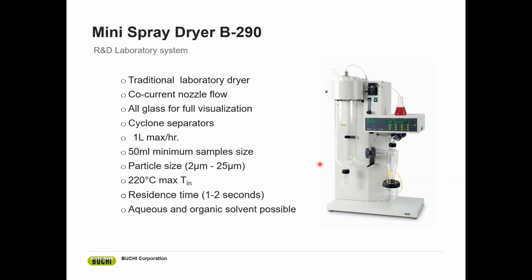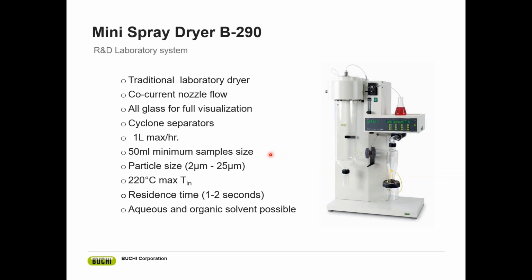It has standard or traditional cyclone separators. From a throughput perspective, we can do up to 1 liter an hour. I caution that that's the maximum throughput based upon your percent solids. We want stuff to evaporate at the end of the day.